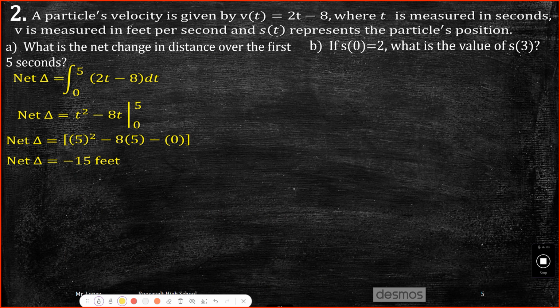What's your position on the number line? That's the one where S of B equals S of A plus the integral, where 0 would be A, and B is 3, so we were looking for S of 3.